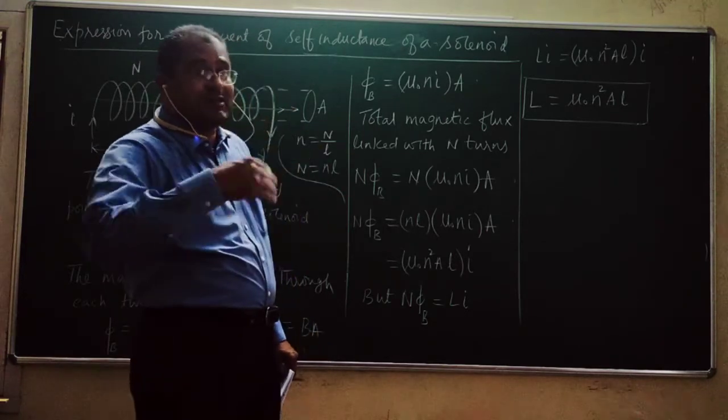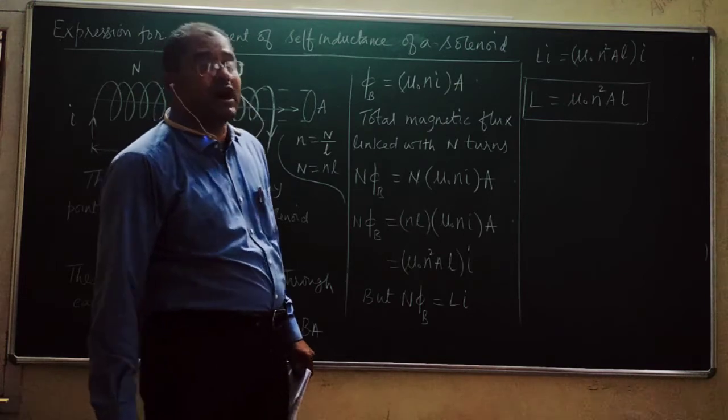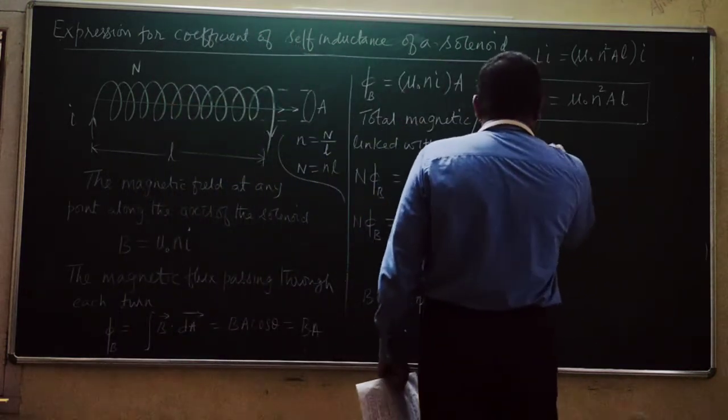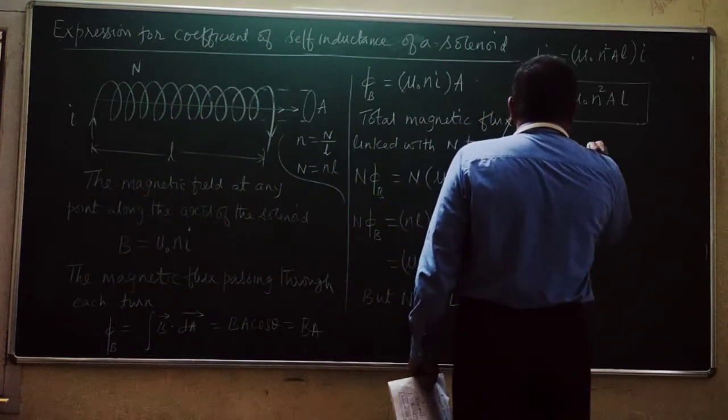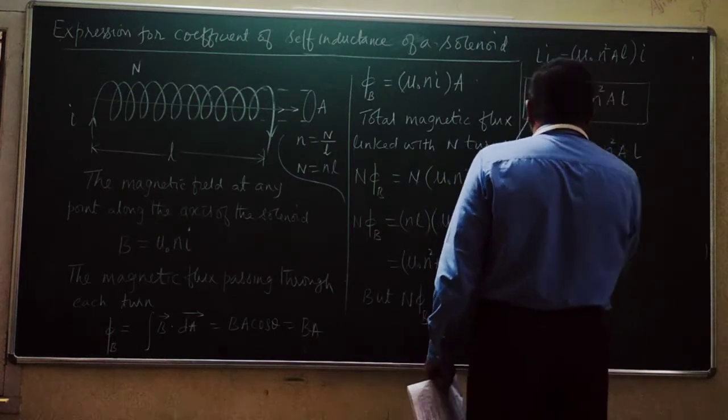If it is wound on a material whose relative permeability is mu r, then L will be equal to mu naught mu r n squared A L.